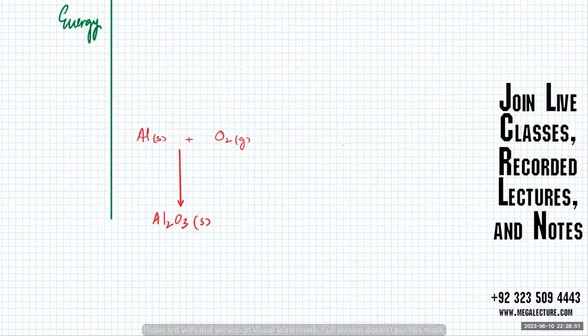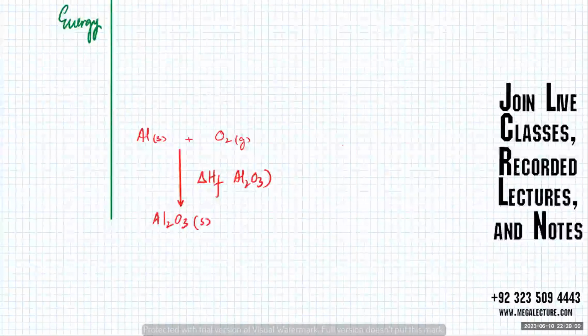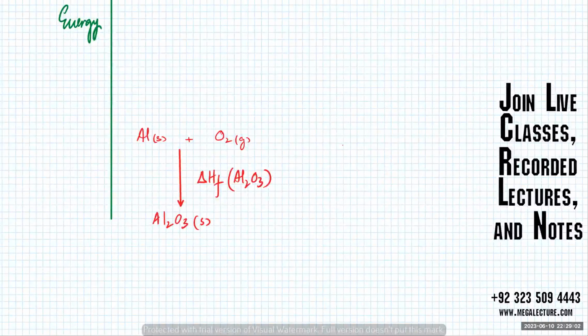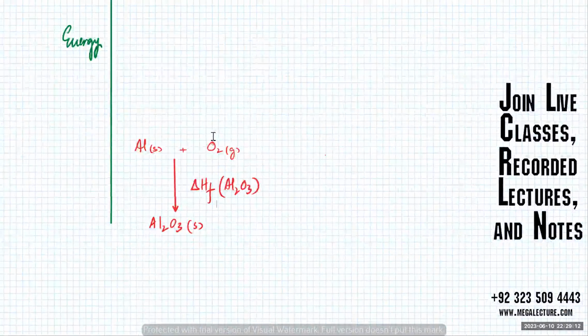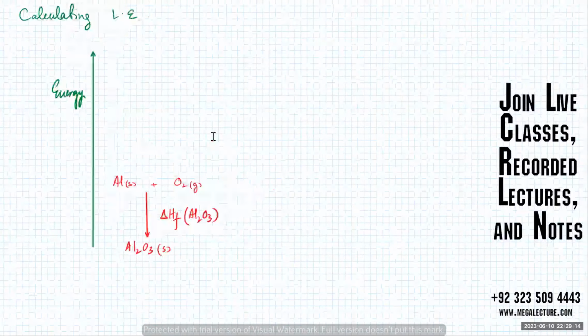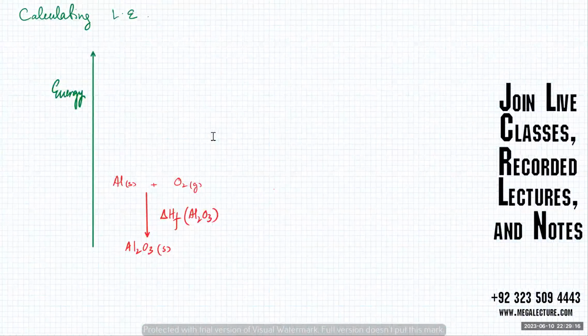That's my starting point, my enthalpy change of formation. Now remember, formation and lattice energy are different. In formation, you've got elements. In lattice energy, you actually make the lattice from its ions. Okay, is this clear, the first part? Yeah.